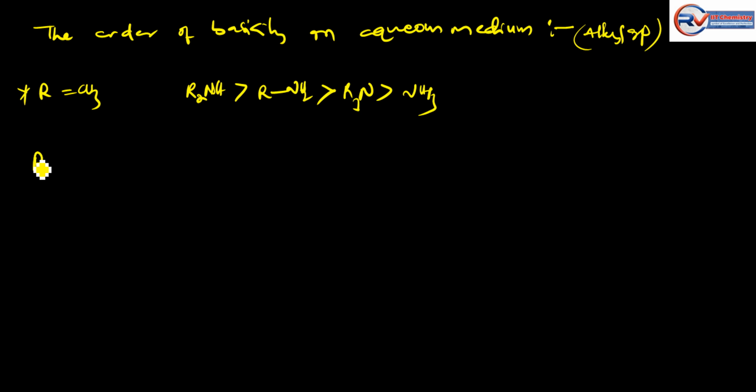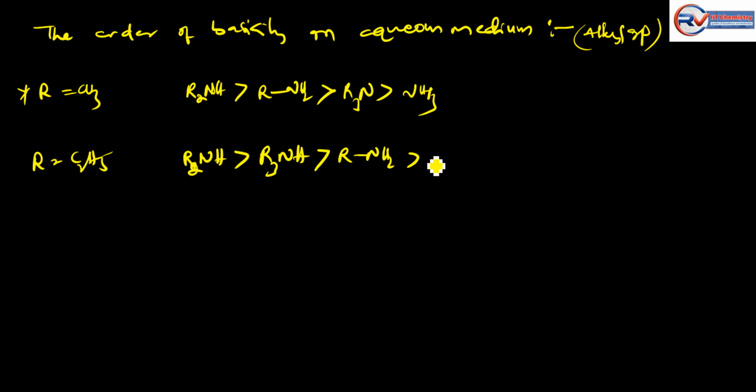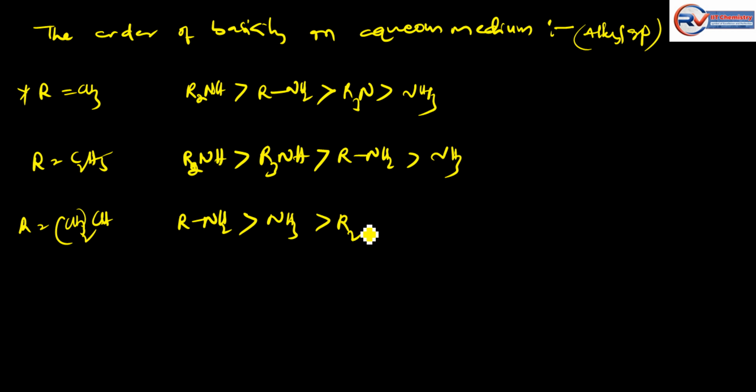Next, if R equals ethyl, C2H5, the secondary amine is greater than tertiary amine is greater than primary amine is greater than ammonia. Next, if R equals propyl, primary amine is greater than ammonia, and then secondary amine and tertiary amine.